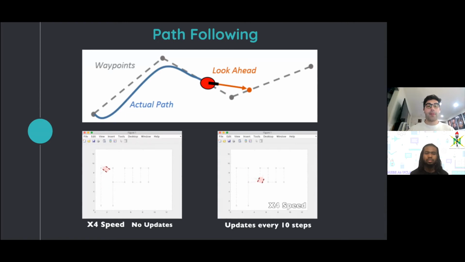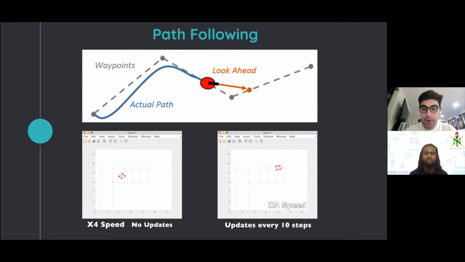Again, for the path following algorithm, we used a pure pursuit controller. The pure pursuit controller can be manipulated both for its linear velocity and for its look ahead distance. That illustration demonstrates how the waypoints, the actual path, and the look ahead distance interact with each other.